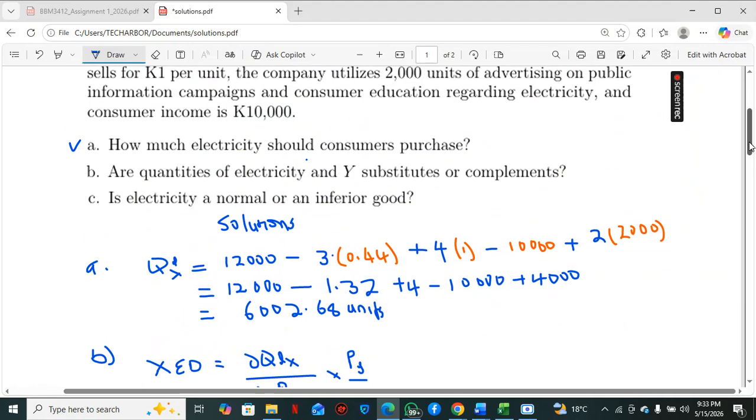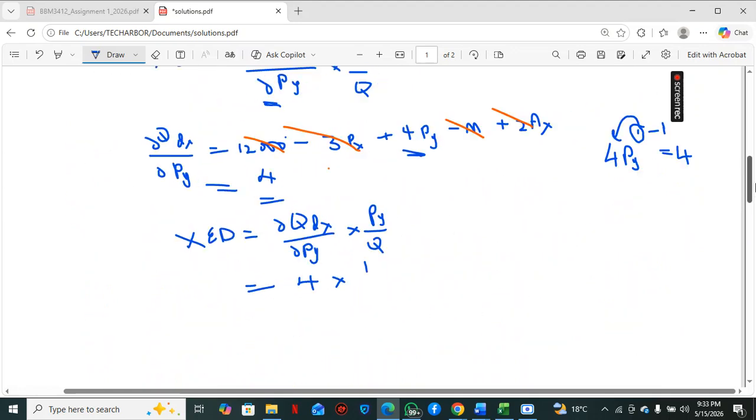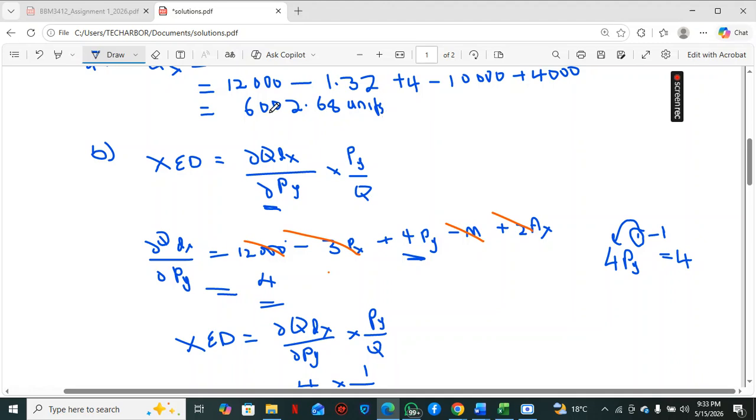Okay, good Y sells for 1 kwacha per unit. Okay, our Q, quantity demanded, is this 6,002.68.